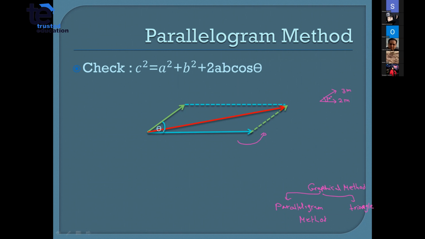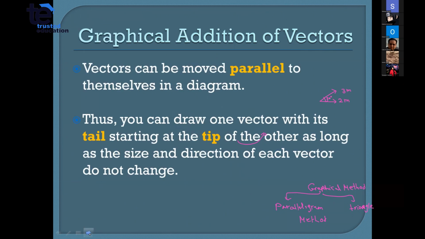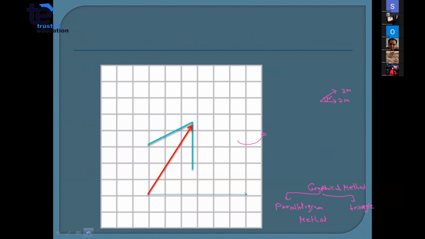But all you have to know here is that if you are using the parallelogram method and you have theta, the angle between the two vectors, you need to put a positive sign in the law of cosine. Leave this for now. This is only for checking, but let us go together and understand how to use a scale to solve problems related to vectors.